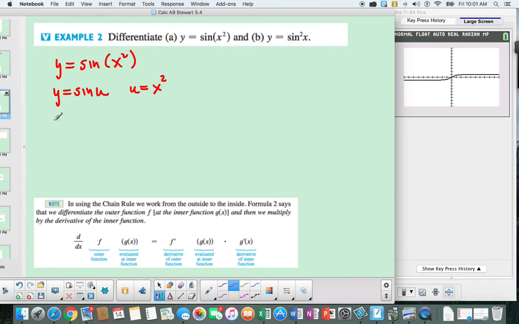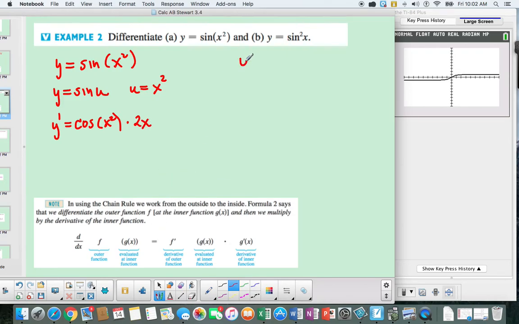So y prime will be equal to the derivative of the sine function, which is cosine of the inner function, x squared. Outer function, derivative of outer function evaluated at inner function, that's this, times the derivative of the inner function, which is 2x, and that's how we do it.